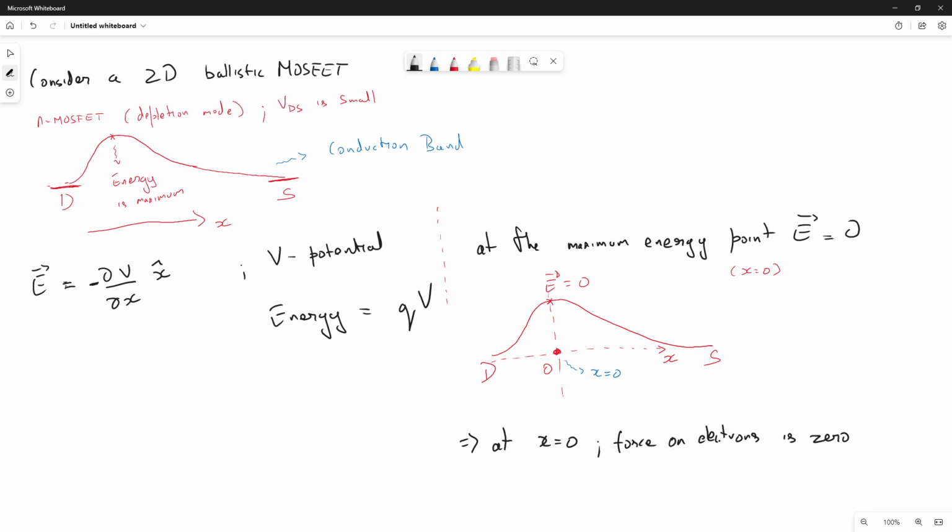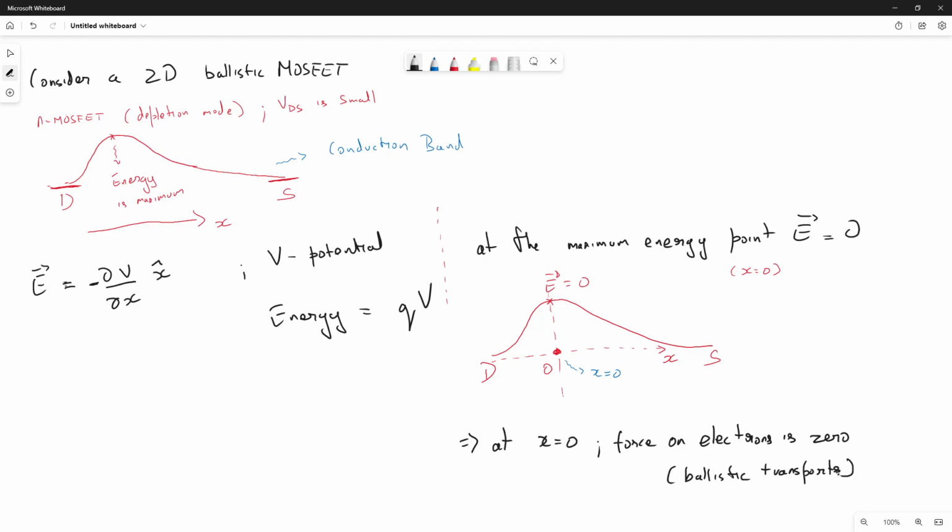Since at this point the force on the electrons is 0, ballistic transport has begun. So this implies we have ballistic transport. That is why we have been discussing all of these things.